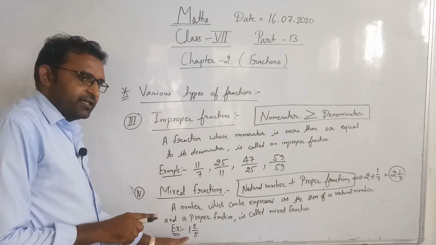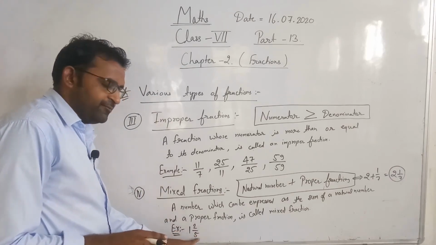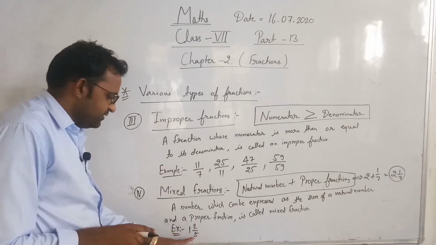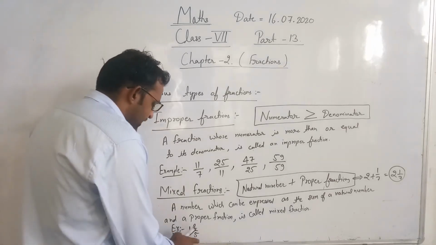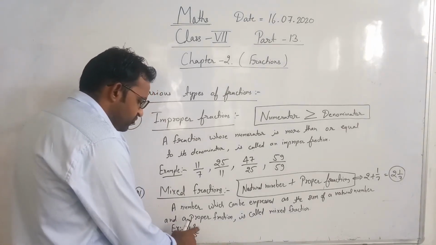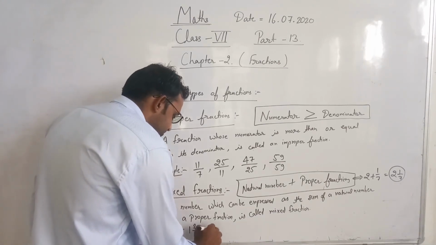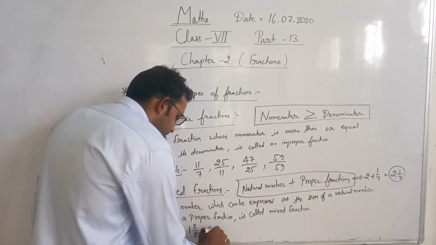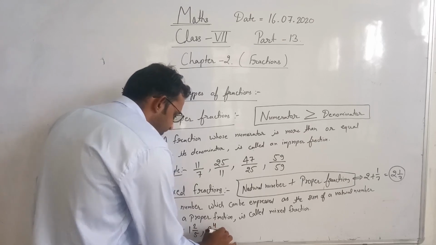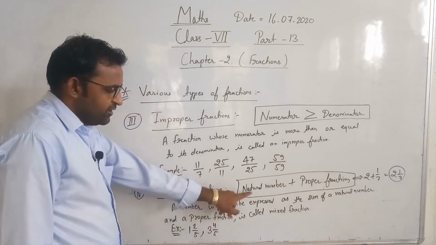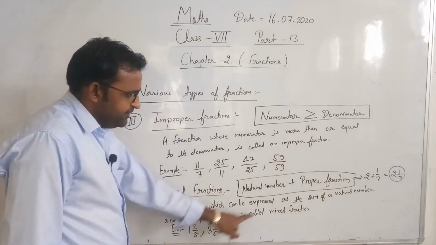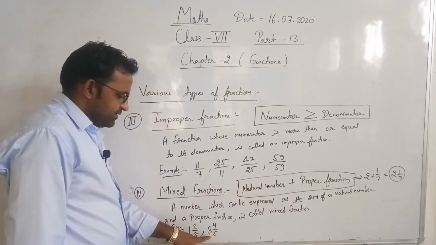So 1 is a natural number and 2 upon 5 is a proper fraction. Combined, 1 2 upon 5 is a mixed fraction. 3 4 upon 5. 3 is a natural number, 4 upon 5 is a proper fraction.